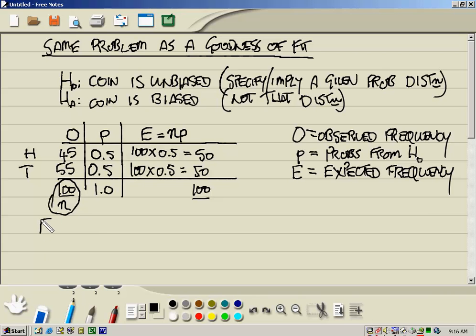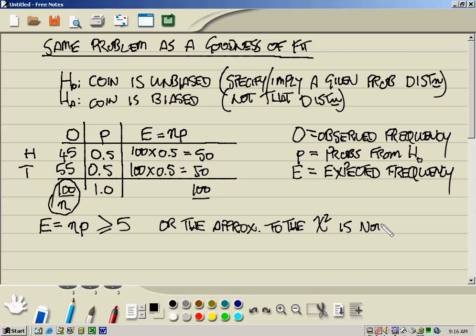At this point, all expected values, which are n times p, must be greater than or equal to 5, or the approximation to the chi-squared is not good.